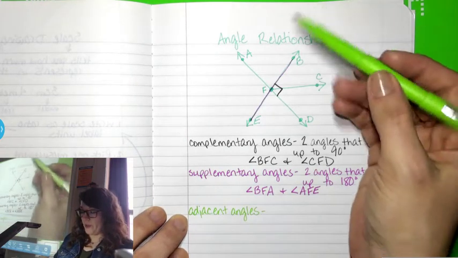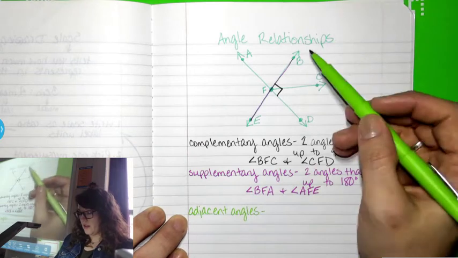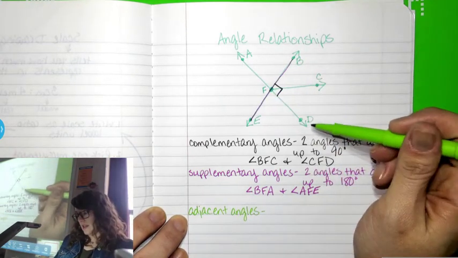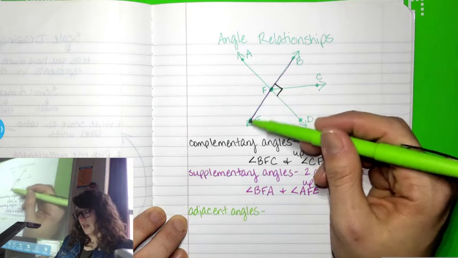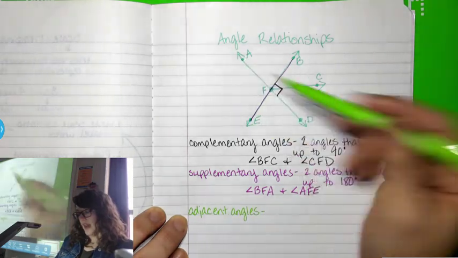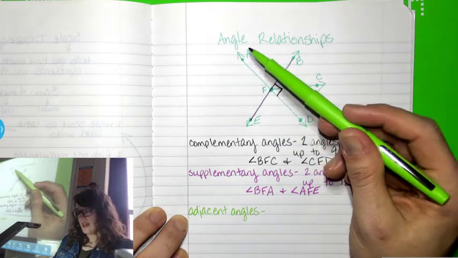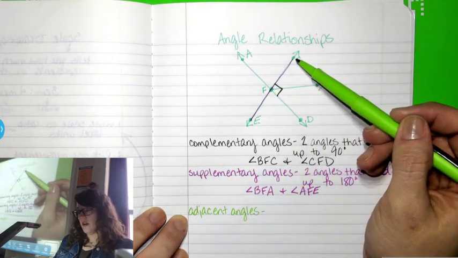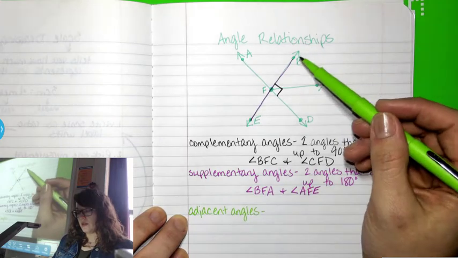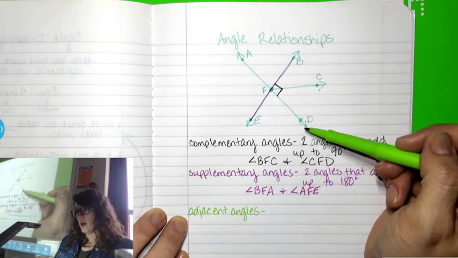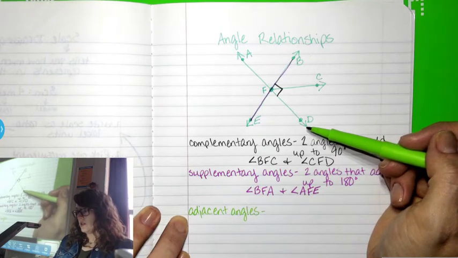An example would be DFE and EFA are adjacent angles. EFA and AFB are adjacent angles. BFC and CFD are adjacent angles.